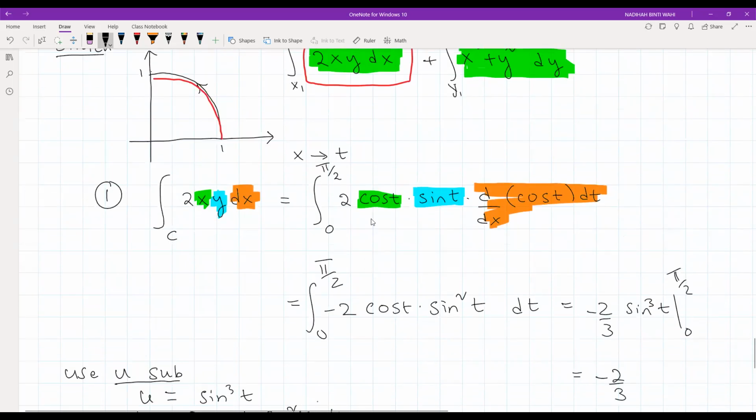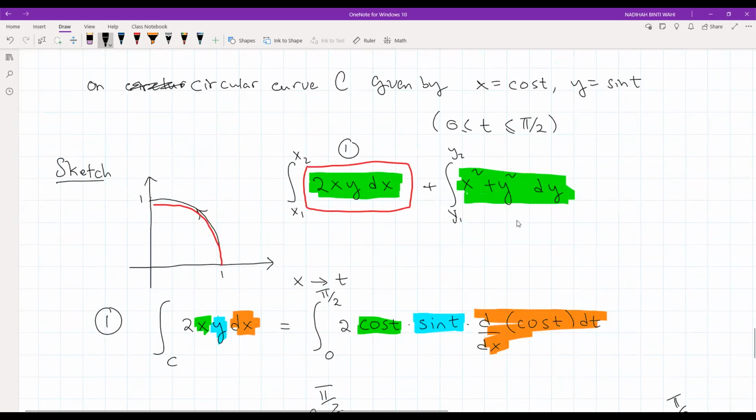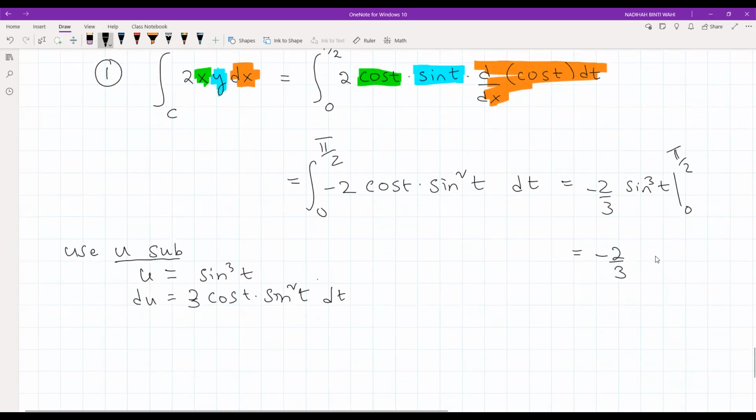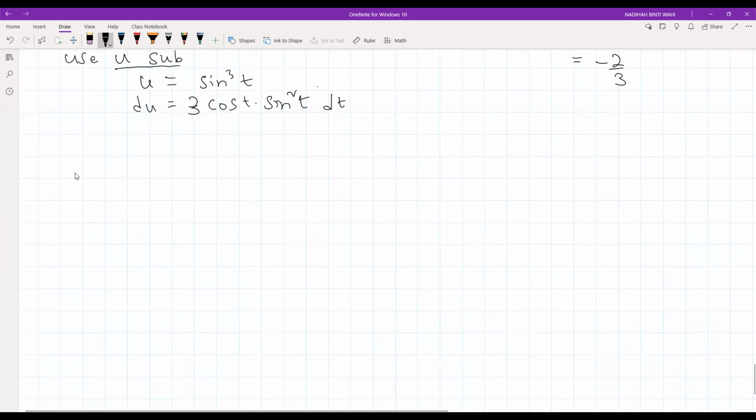Okay, the next one is the second part on y, on dy. Okay, the same thing. Apa kita buat? So this is the integral on c of x squared plus y squared dy. Okay, so just put everything into t. X squared is just cosine squared t plus sine squared t.